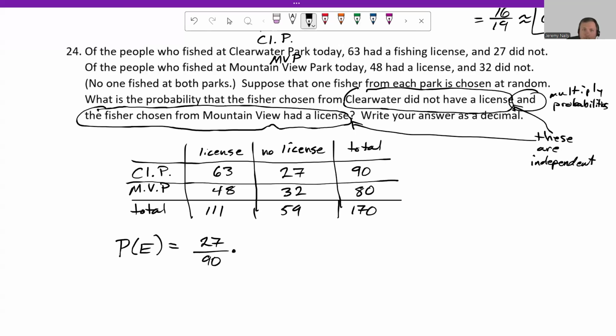So had a license from Mountain View, that's 48 over 80. Okay, and then I multiply these out. So as a decimal, this comes to 0.18.